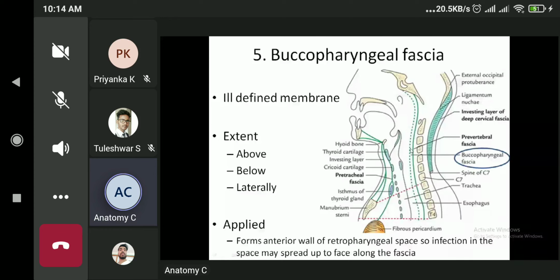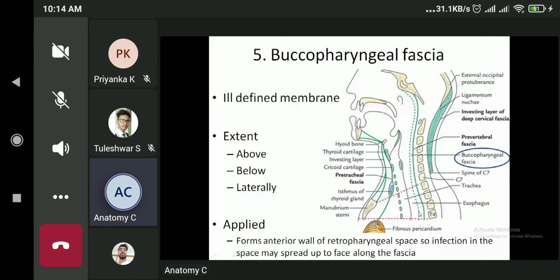We know the pharyngeal muscles have circular and longitudinal muscle fibers. Talking about the extent of the buccopharyngeal fascia, superiorly it is attached to the base of the skull. Inferiorly, it continues with the superior mediastinum in the form of loose connective tissue.